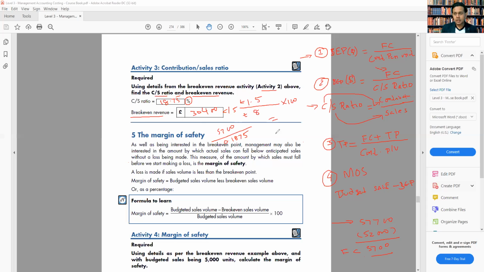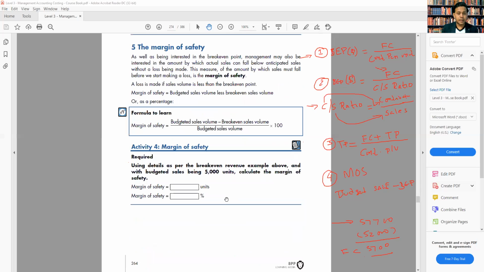All right, let's move on to our next question, the margin of safety. The margin of safety is basically the difference between the budgeted sale and the break-even sale. If the question asks you for the percentage, you have to divide by the budgeted sale.